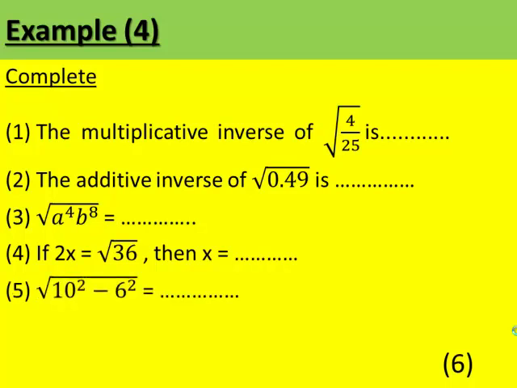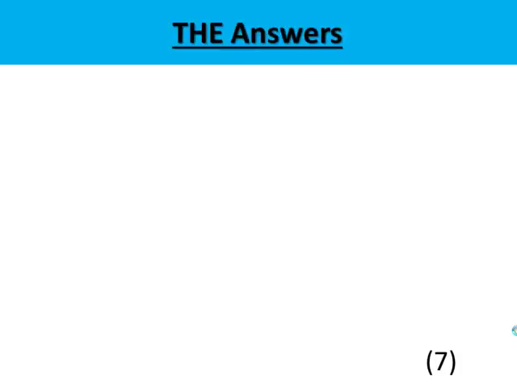Number 5, the square root of 10 power 2 minus 6 power 2 equals. Number 6, 2 power 2 plus the square root of 25 equals. The answers are on the next page. The answer of number 1 is 5 over 2.